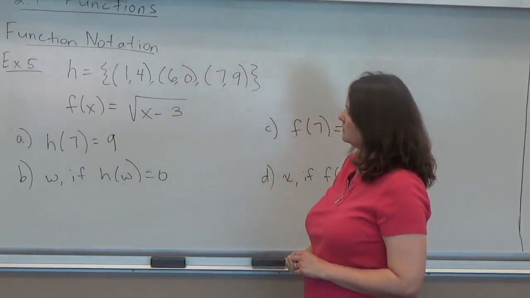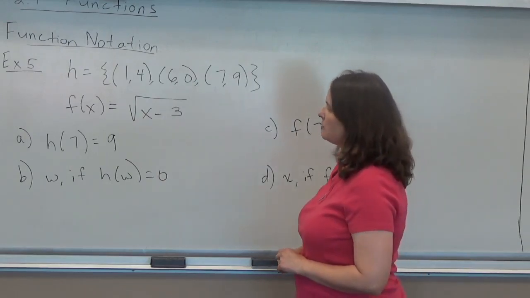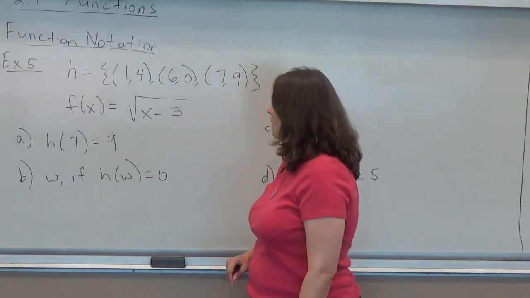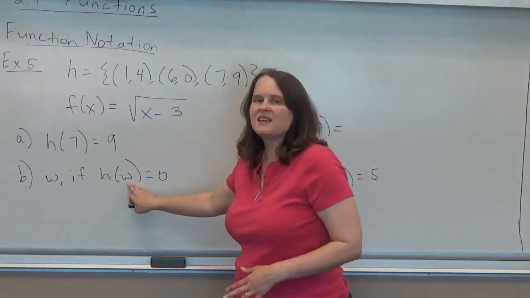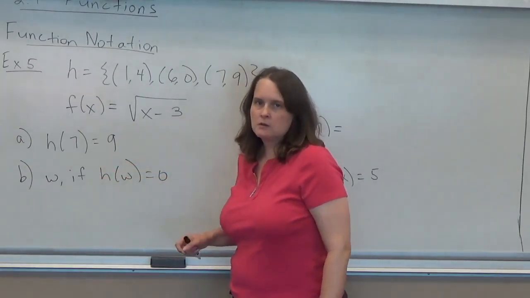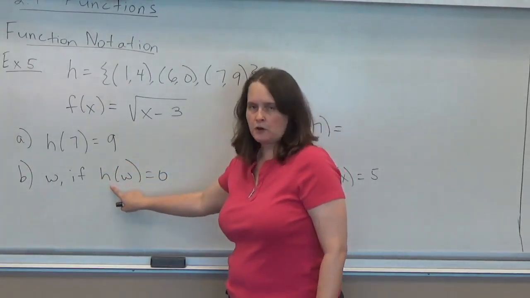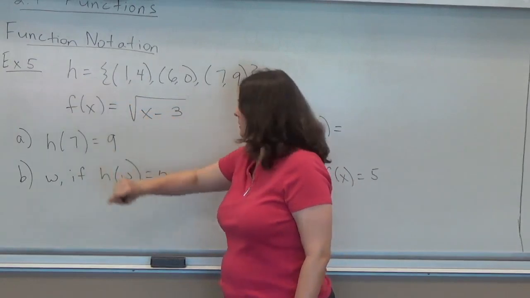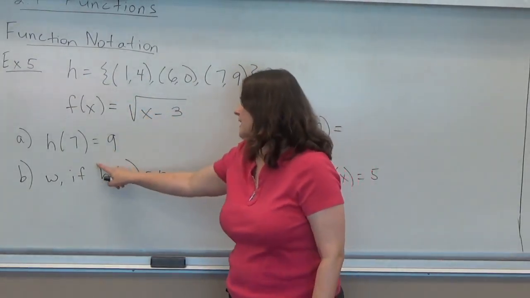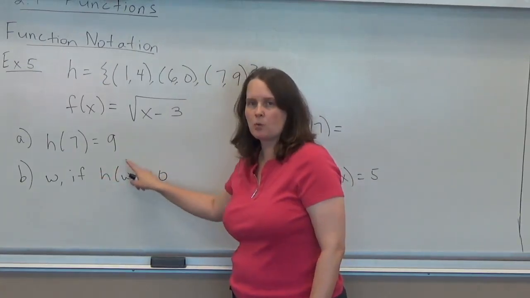In part B, we are asked to find w if h of w equals 0. Well, what is this w? This is like the x value, and h of w is like the y value. So we need to go to the h function first. How did I know which was which? Well, because I know that if I've got h of w, this is always the y part.